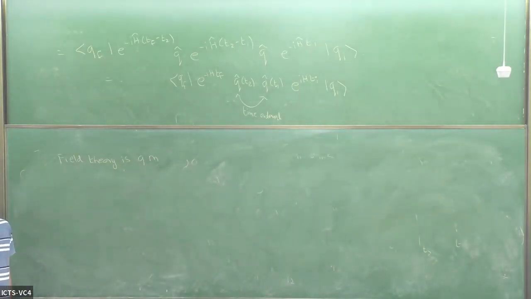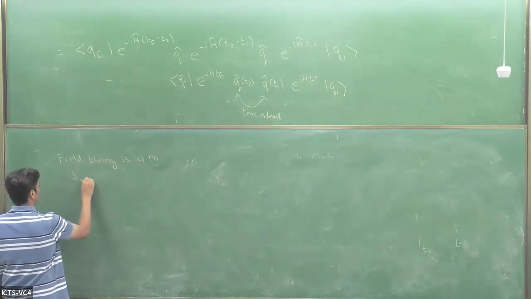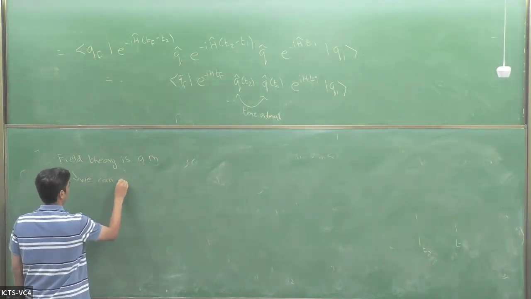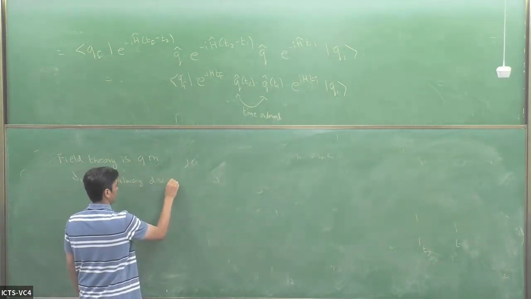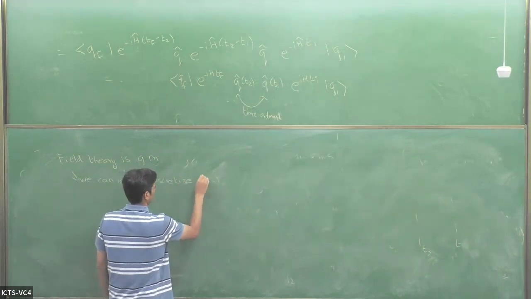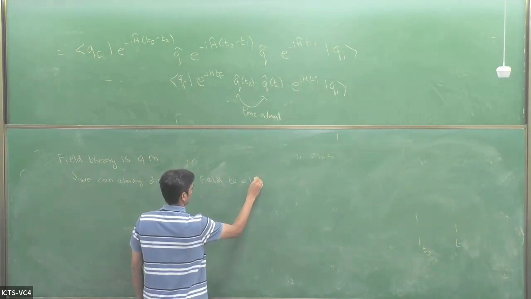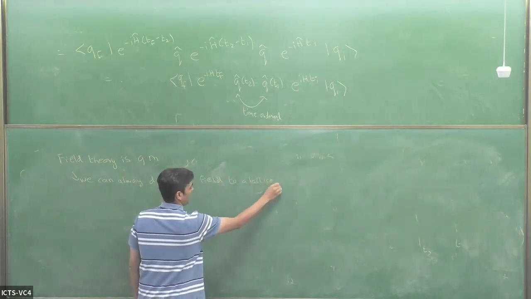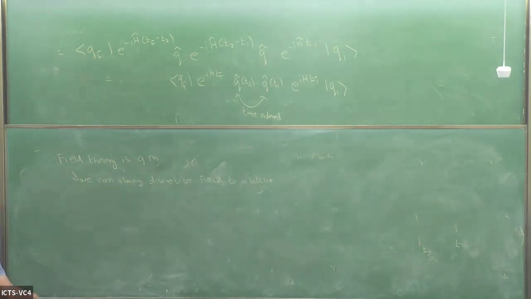Because, as I've emphasized many times before, we can always discretize the field to a lattice. So you can always imagine that you have all of these field variables like these q's, but they live at different points on your spatial lattice.